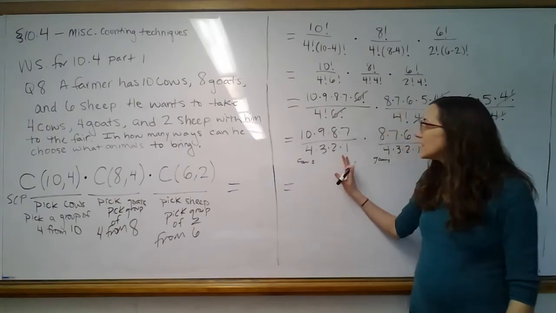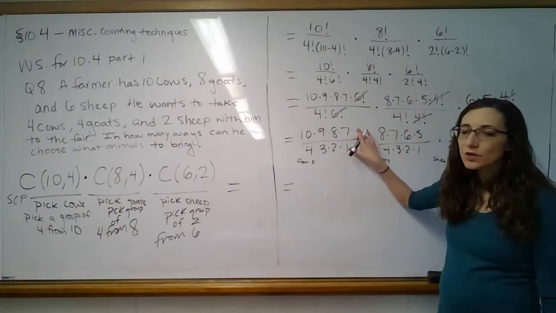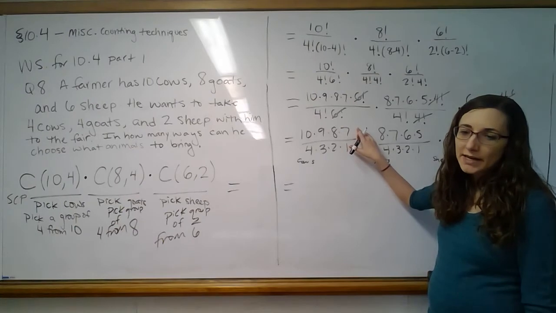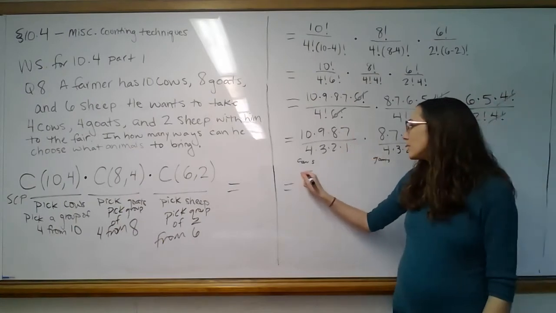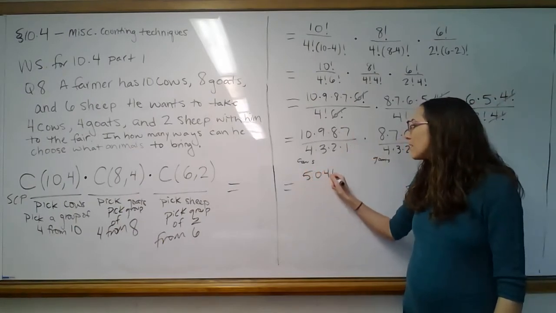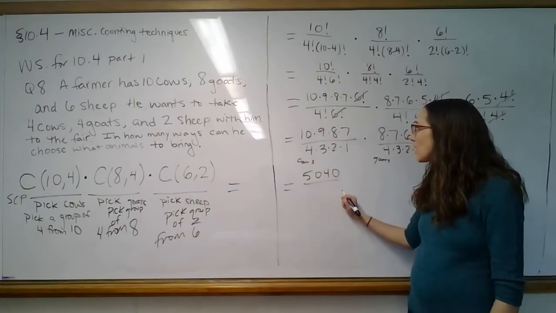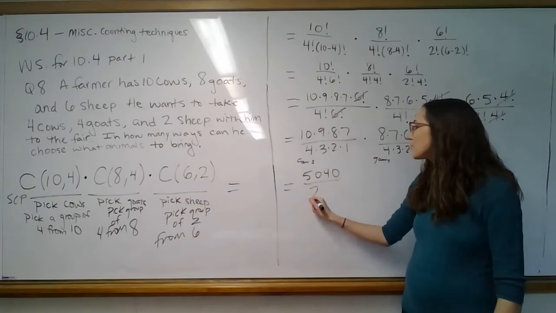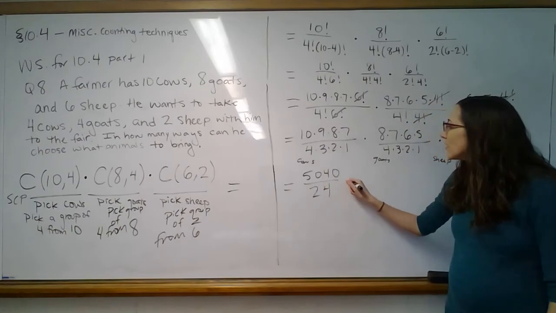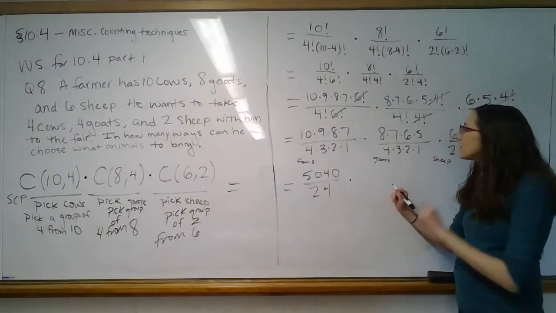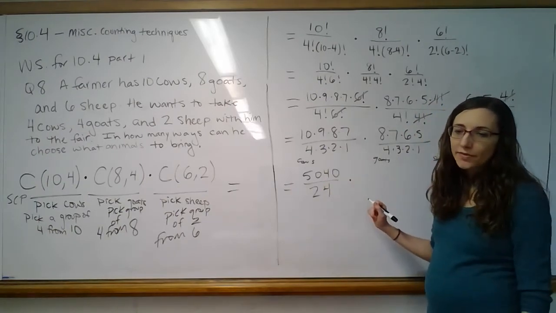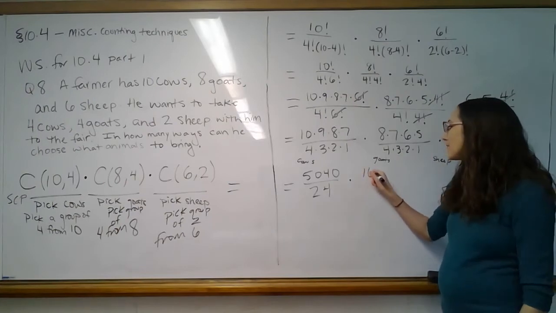So then simplifying these, if we do the numerator of this first one, 10 times 9 times 8 times 7, you get 5,040. And 4 times 3 times 2 times 1, if you throw it in the calculator, is 24. And then we've got 8 times 7 times 6 times 5 is 1,680.